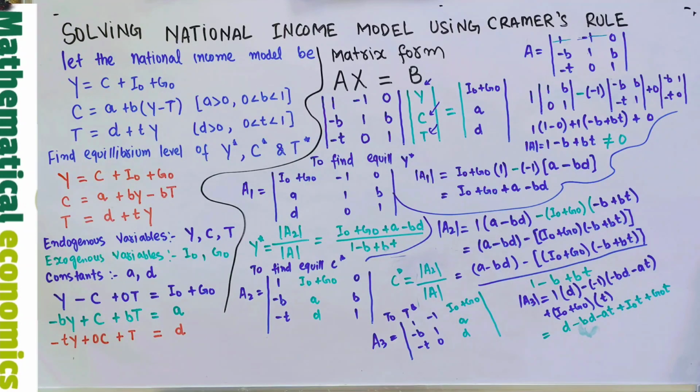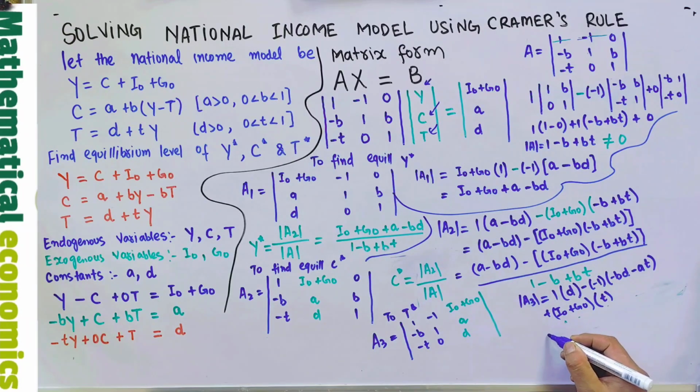Here, did I do it correctly or not? Let me see again. So I naught and g naught, deleting this row and this column. Okay, I guess I have done it correctly. Let's write it as it is, and not make it messy.